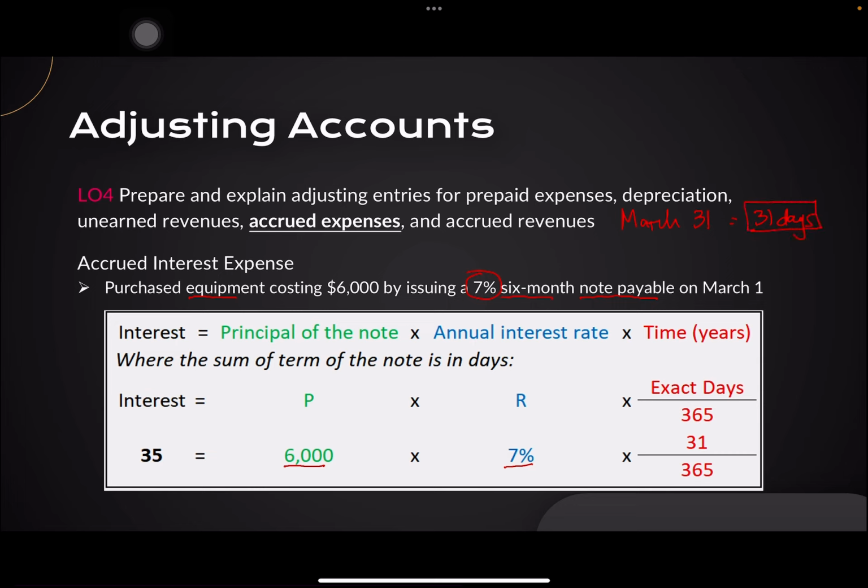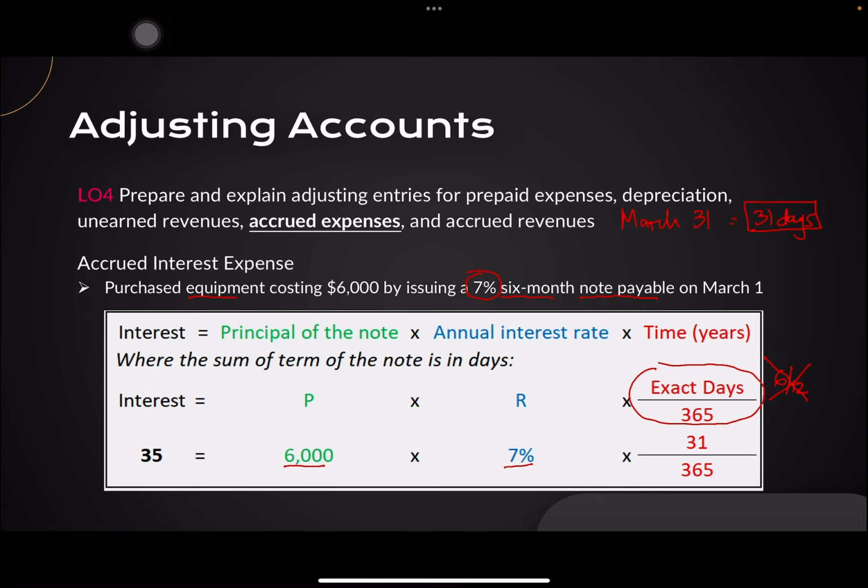So in the time here, instead of putting 6 over 12, because this is a 6-month payable, this is not our answer. We should get exactly how many days the note payable is outstanding from March 1st up until March 31st. In this case, it was 31 days.